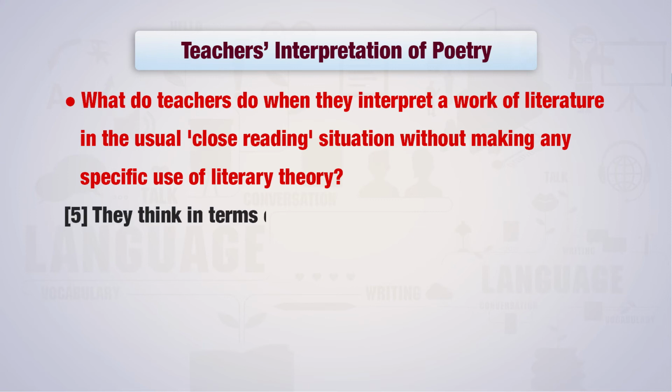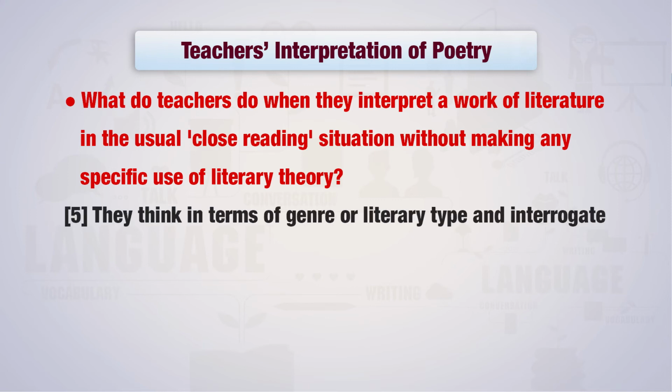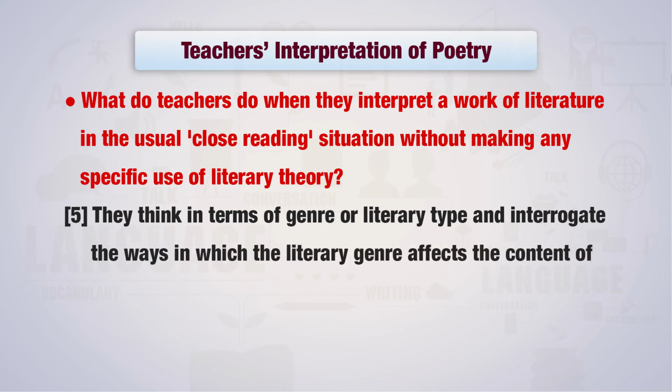So when teachers think in terms of genre or literary type and interrogate the ways in which the literary genre affects the content of the work, then we come to a holistic appreciation of poetry that we can achieve and inculcate in our students.